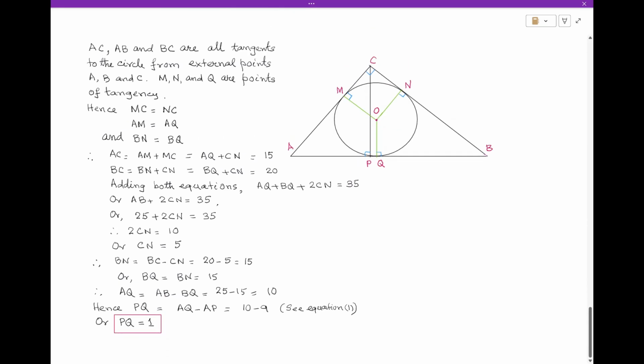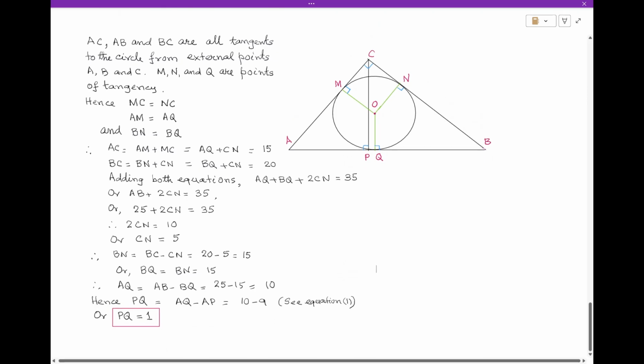Now look at the diagram again. AC, AB and BC are all tangents to the circle from external points A, B and C. M, N and Q are points of tangency. We know from a theorem in geometry that if two tangents are drawn to a circle from an external point, then the lengths of the two tangents are equal.